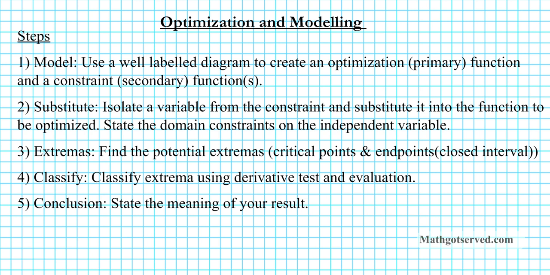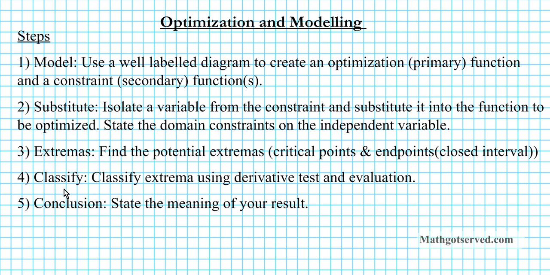And then after that, we're going to find the potential extremas, and we know what the potential extremas are. They are the critical points. And if the situation involves endpoints, maybe our domain is a closed interval, then the endpoints are also candidates for a potential extrema. So we're going to find all of them.